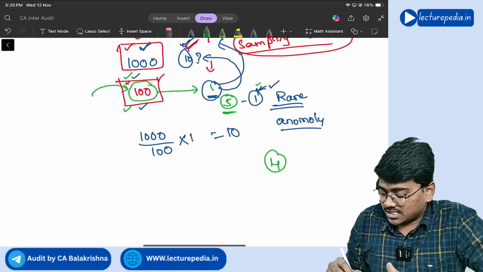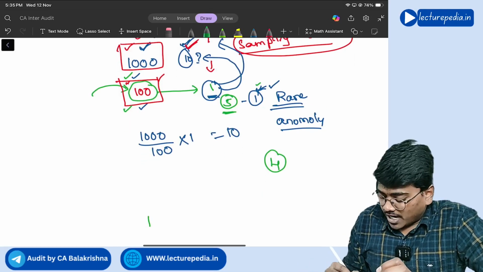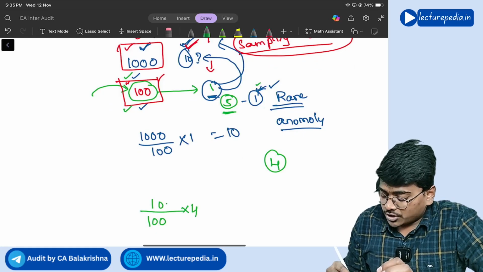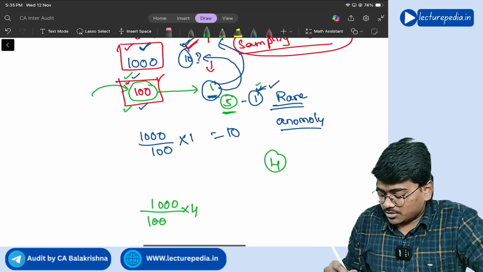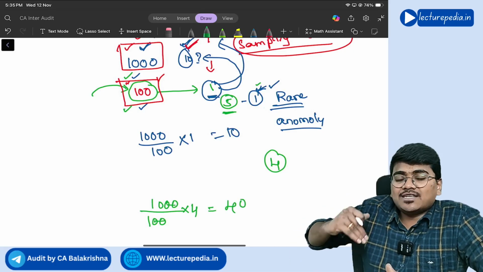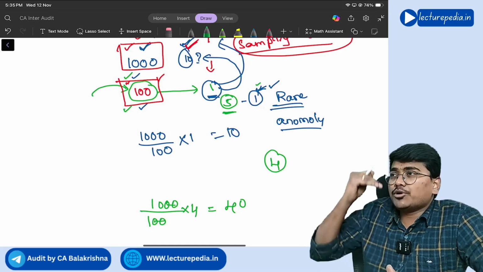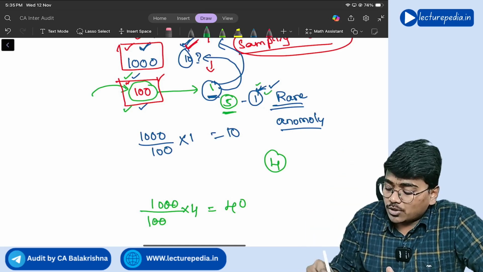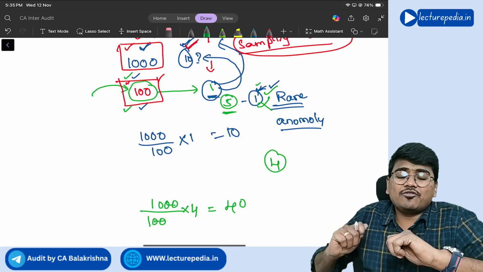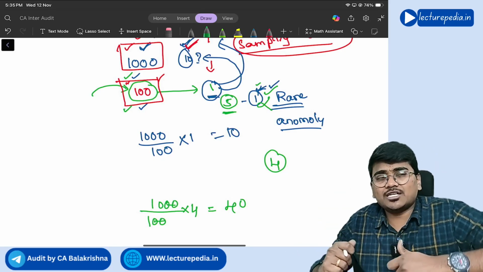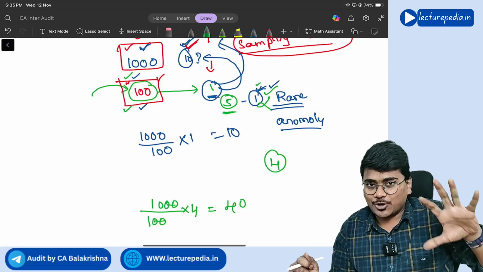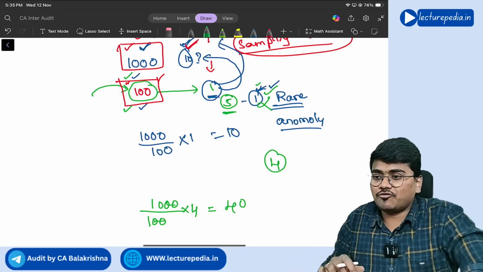You should say that in a sample of 100, there are four misstatements. Then in a population of 1,000, how many misstatements will be there? 40. So while projecting the misstatements from sample to population, you have to exclude the anomaly, because such a type of misstatement for sure will not be there in the entire population. Got it? Yes, that is the concept of anomaly.